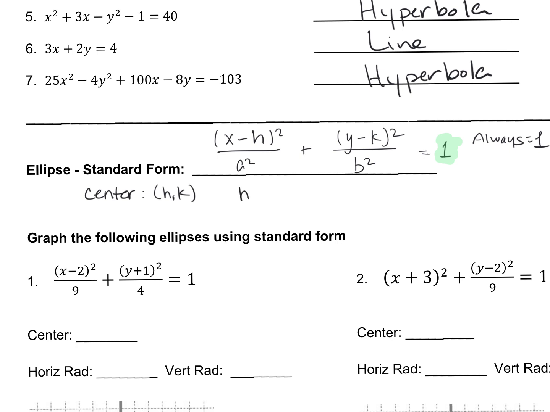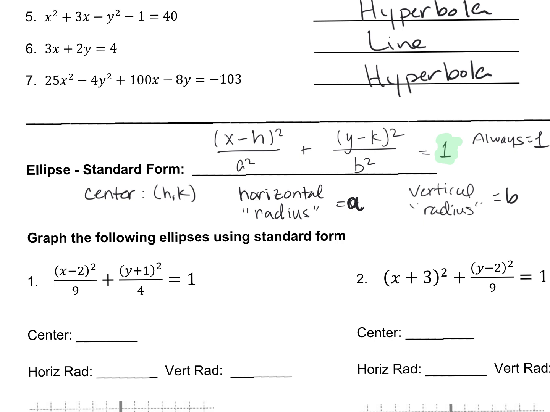So we have a horizontal radius, not necessarily a radius, okay, which is the A. That equals A. And then we have the vertical radius, which is your B. So you still have to do the same thing to find A and B. You'll have to take the square root of those, okay?